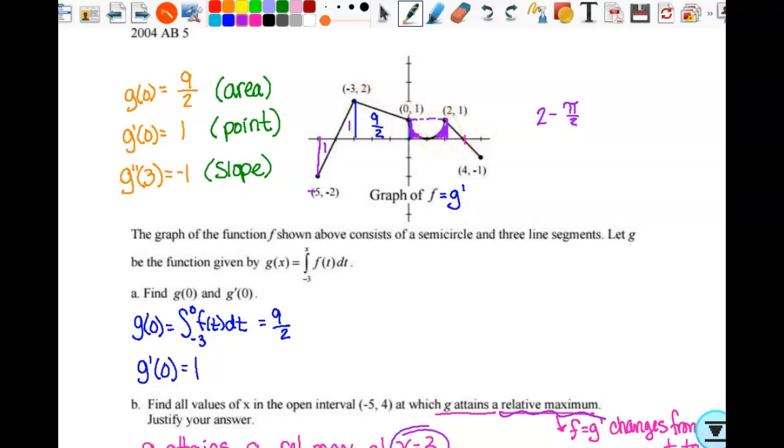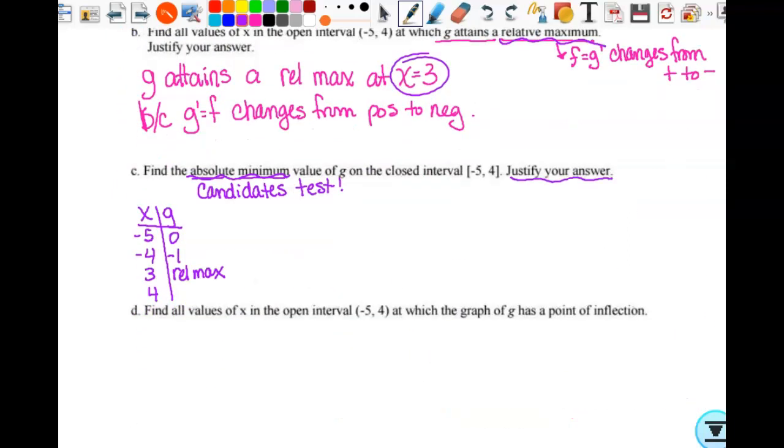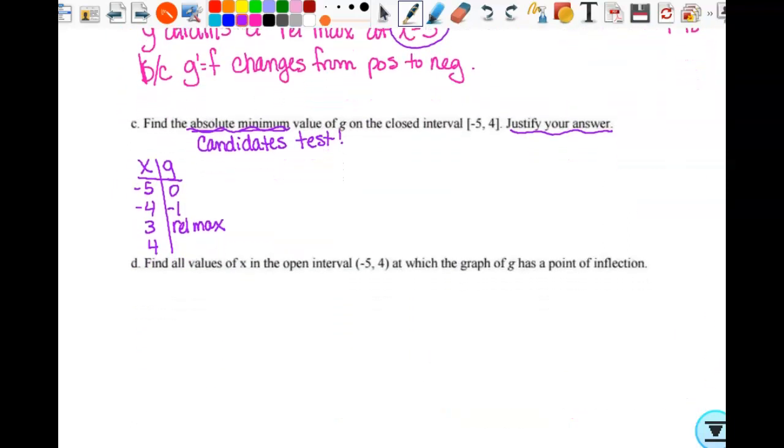It's all positive, right? I'm looking for an absolute minimum. Do I have something that's not positive? Yes. So then do I really care what the actual value is here? It's not necessary. So it's fine just to put that it's positive. Because that's an understanding of the area. Don't get lost in the actual numbers of it if you don't need to.